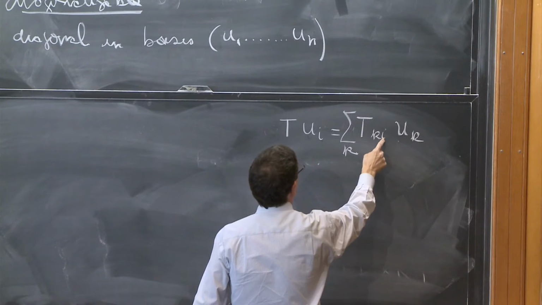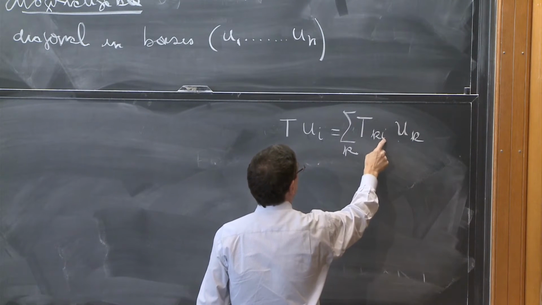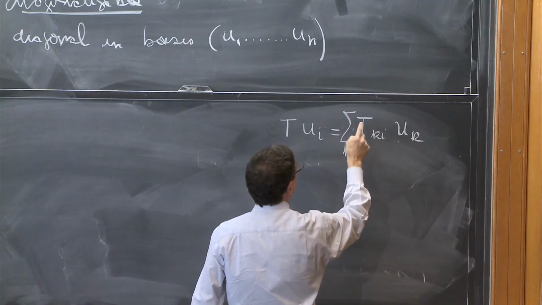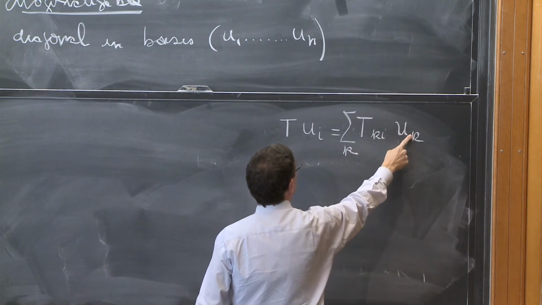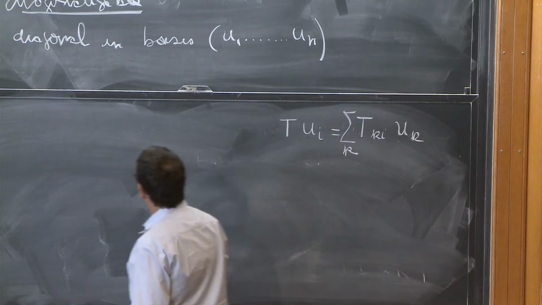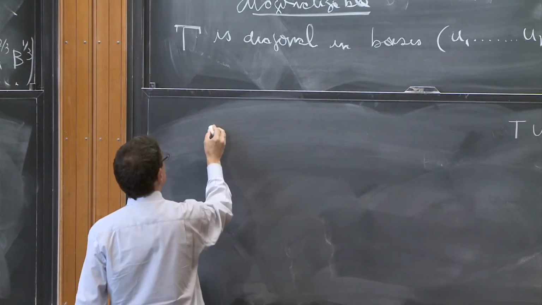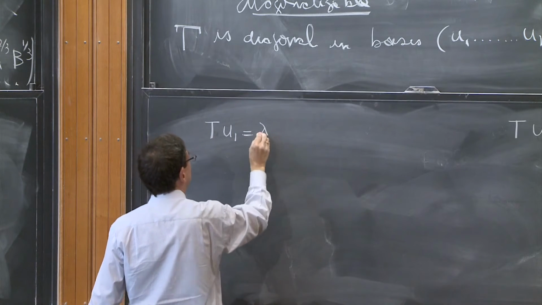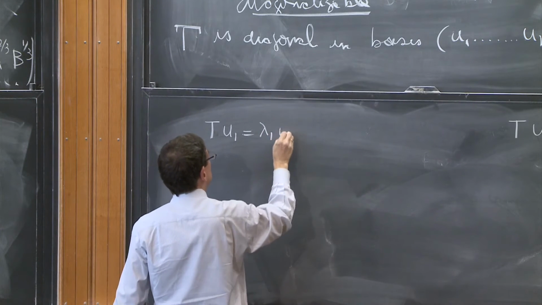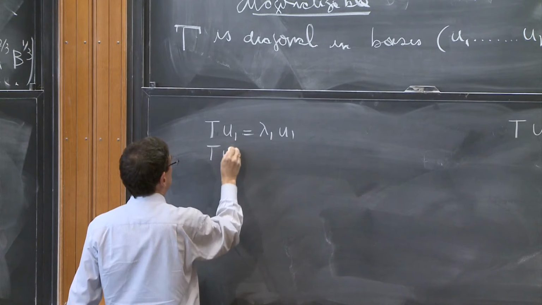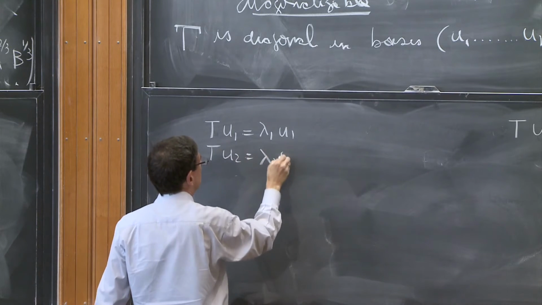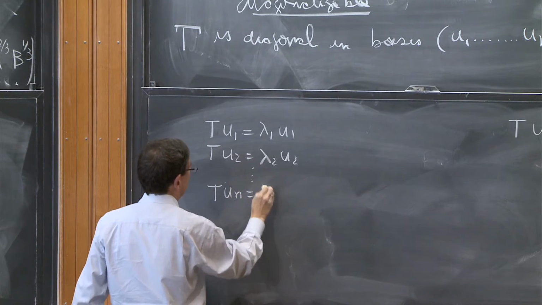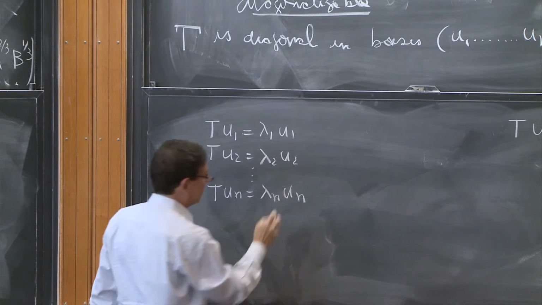So ki in this sum only happens to work out when k is equal to i, and that's one number, and you get back the vector Ui. So if it's diagonal in this basis, you have that T on U1 is lambda 1, a number, times U1. T on U2 is lambda 2 times U2. And T on UN equals lambda n UN.